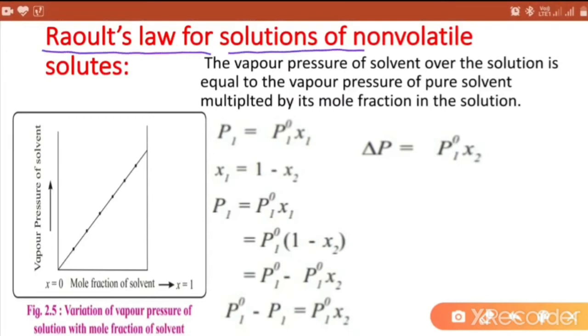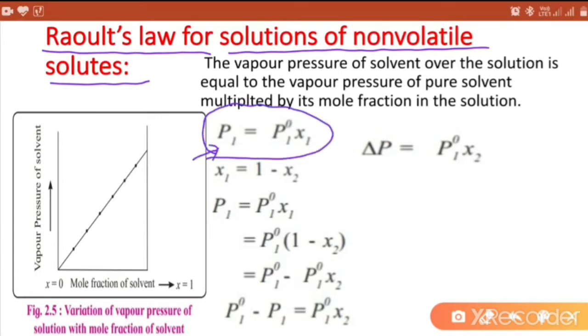Raoult's law for the solutions of non-volatile solutes. It states that the vapor pressure of solvent over the solution is equal to the vapor pressure of pure solvent multiplied by its mole fraction, and it is given in the equation.